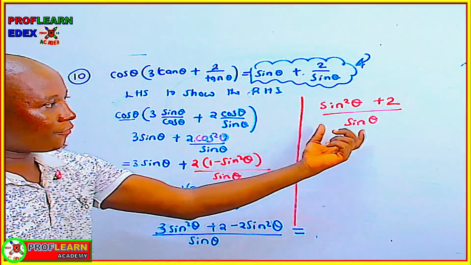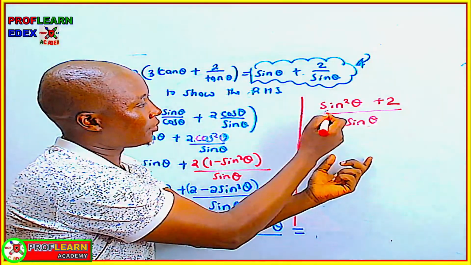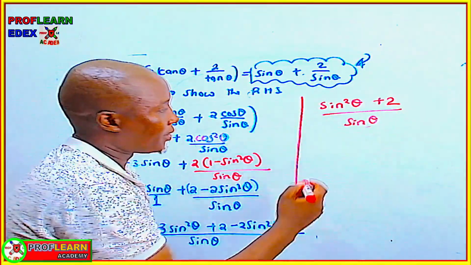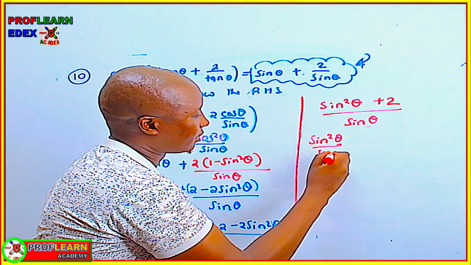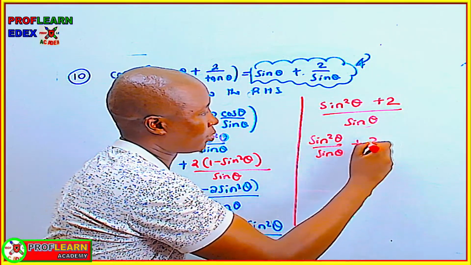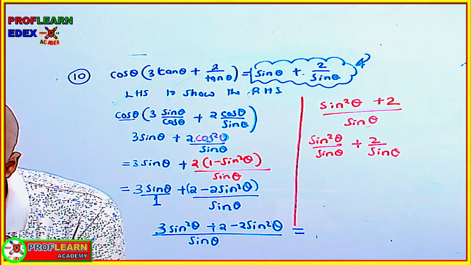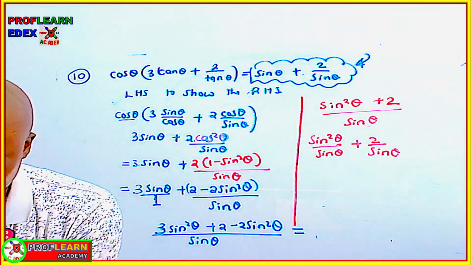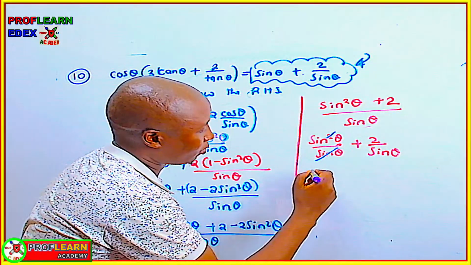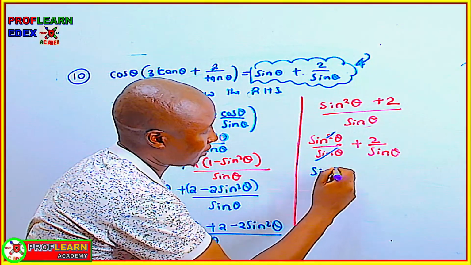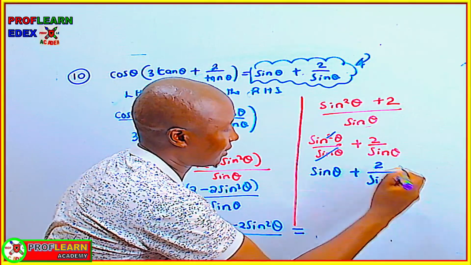This expression can be divided for this term and the second term, so we shall have sine squared theta over sine theta plus 2 over sine theta. This will cancel with 1 of that, so we shall have sine theta plus 2 over sine theta there.